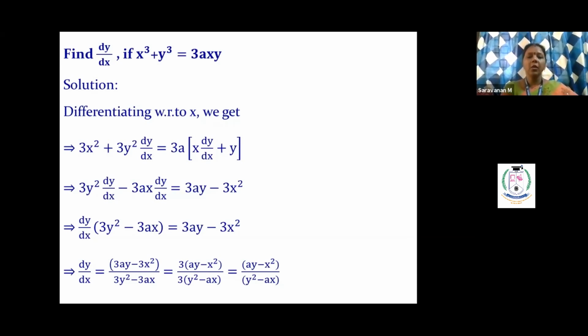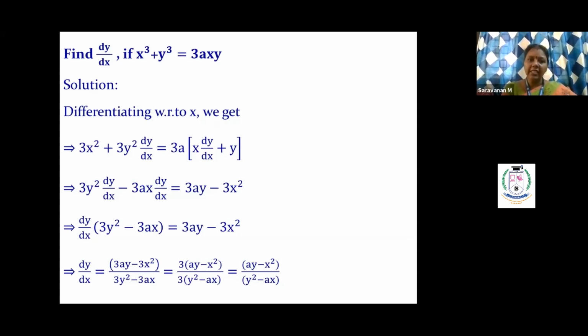Is equal to, on the right hand side, we have 3a, a constant, into xy. That constant is multiplied with the variables, so we take the constant outside as common, 3a, and then xy. Here we have to apply the product rule.